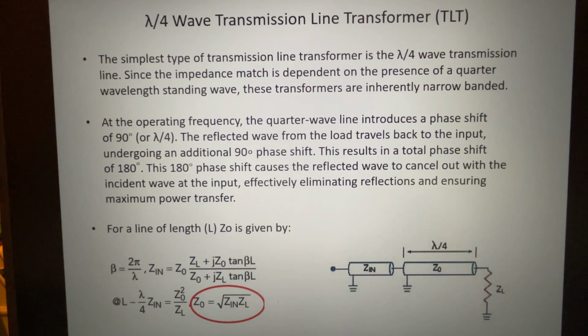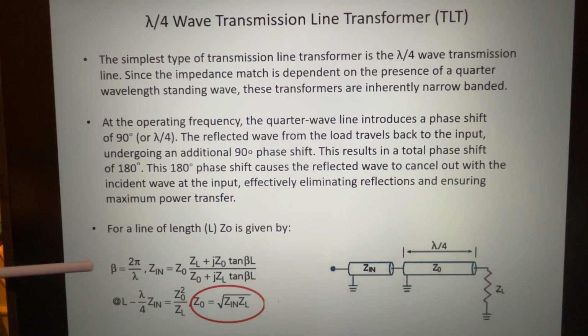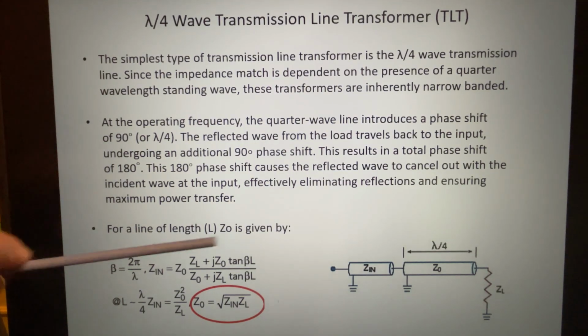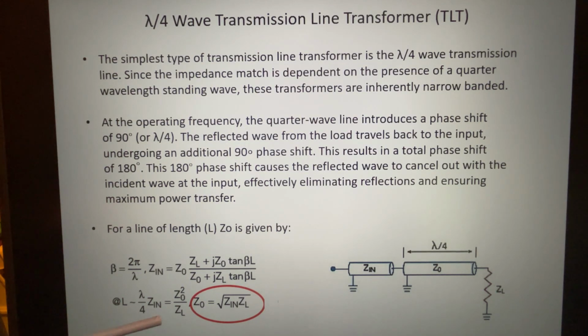So for impedance matching, this is the formula that's used, and this is how it's derived. But basically, when you go through all the algebra, it tells us that the characteristic impedance of the line that we're going to use for impedance matching should be the square root of the input impedance and the load impedance.